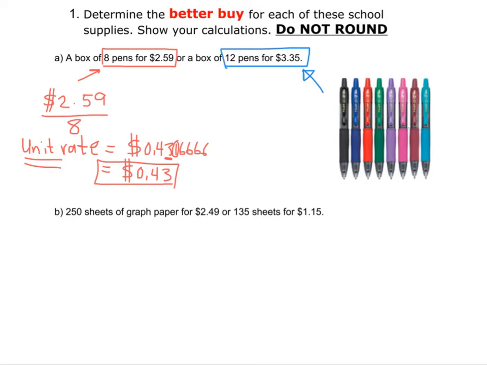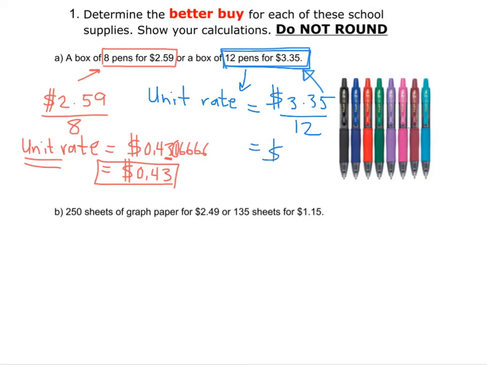In box number 2, you have 12 pens for $3.35. And so figuring out the unit price in this box, the unit rate, we're going to do the exact same thing. We're going to take the $3.35, but this time we're going to divide it by 12 because there are 12 pens in that box.